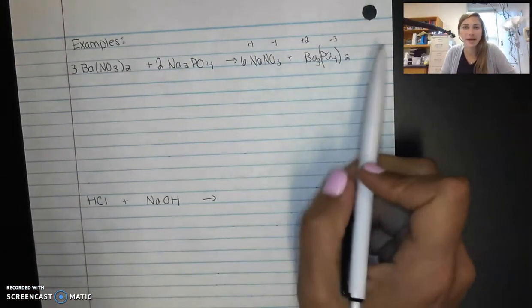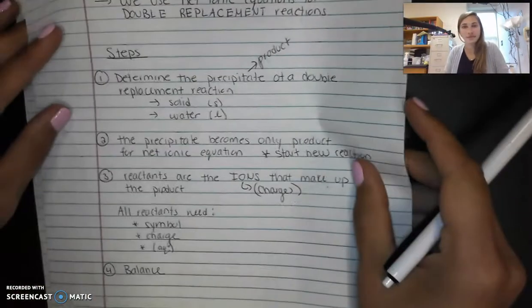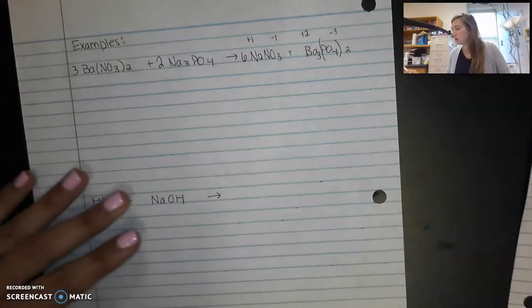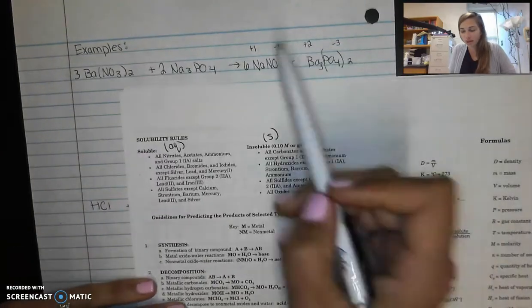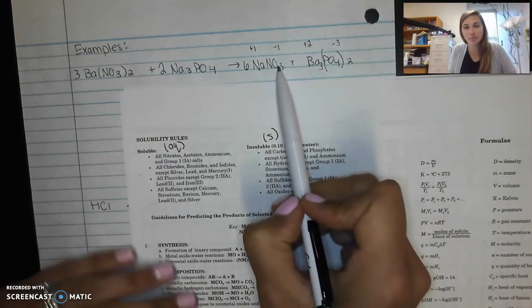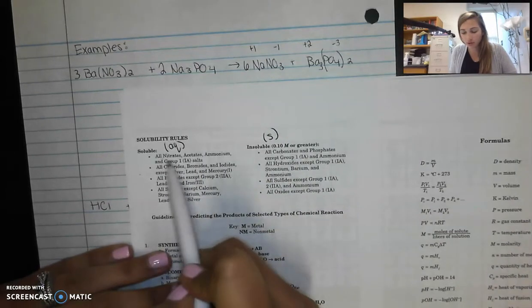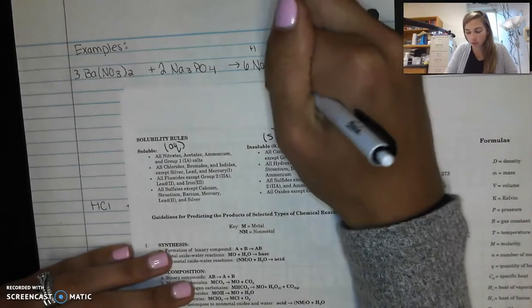Next up, I have to figure out which one of my products is my precipitate, right? Because that was step 1, determine the precipitate. So I'm going to use my solubility rules to do that. I first look up nitrate. Remember, we always look up our anion. It says all nitrates, acetates, ammonium, and group 1 salts are soluble. So there's no exceptions to that rule.